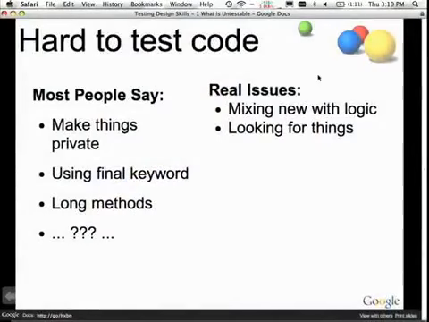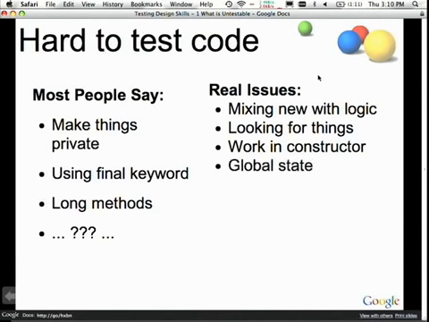Doing work in a constructor, that makes it really hard to instantiate things inside of your test. Having a global state, which is essentially where all of the uncertainty comes from. Singletons, which is just another name for global state. And static methods, which is essentially procedural programming.